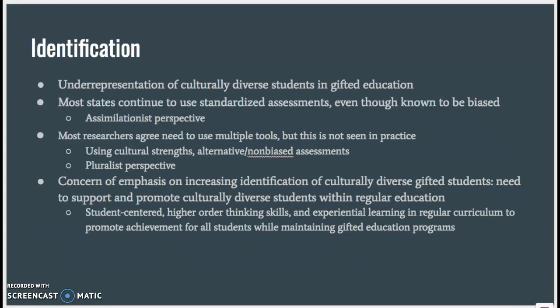However, if we incorporate practices such as student-centered learning, higher order thinking skills, and experiential learning in the regular curriculum, this can help promote achievement for all students, while also maintaining a separate gifted education program, and this can lead to helping improve recognition of giftedness and promoting success for all students by providing rigor and skill building within the regular classroom. So it can benefit all students and allow better identification for underrepresented gifted students as well.